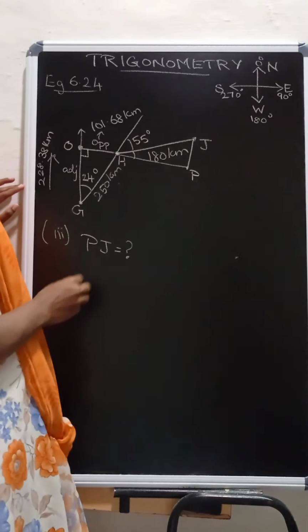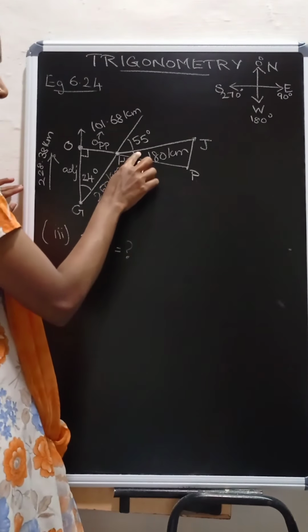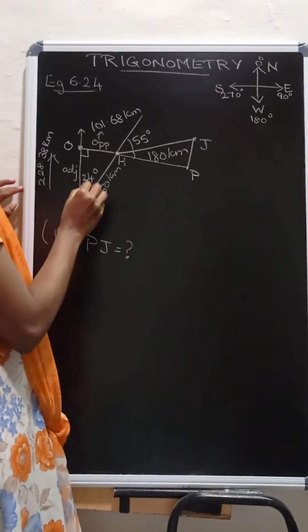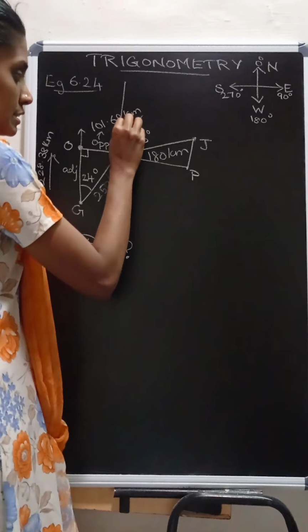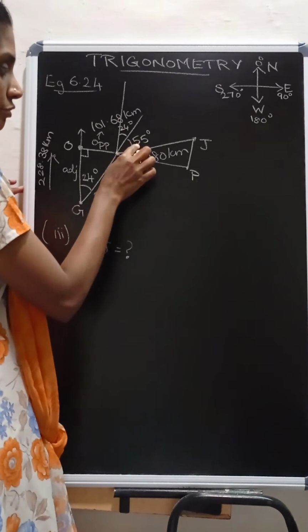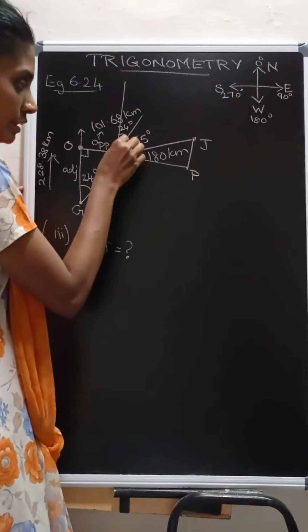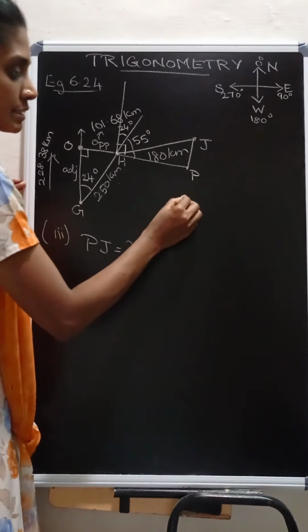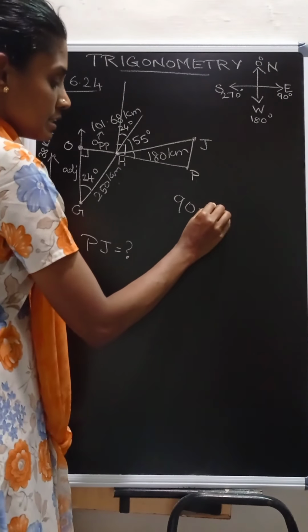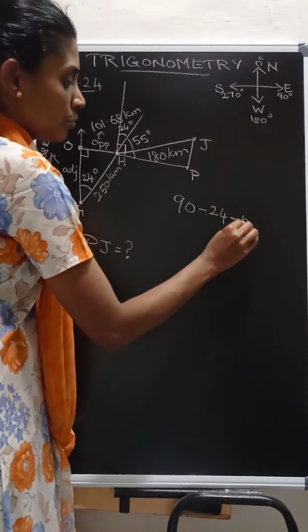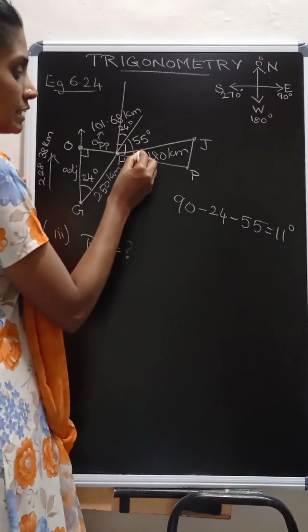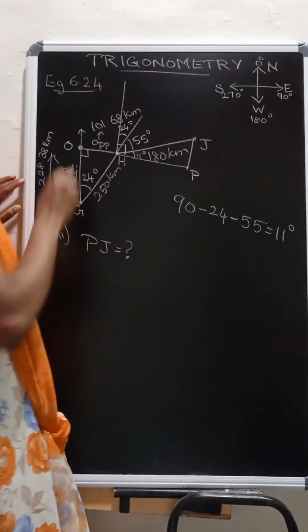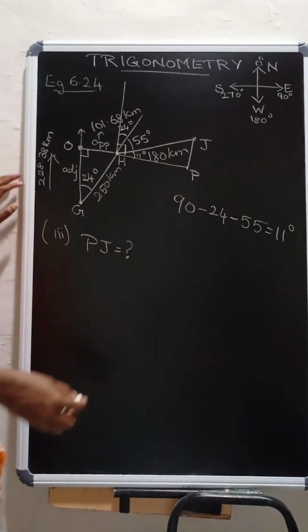Now we need this angle. Here you have 24, so this angle is 24 degrees. Here you have 55. And the whole thing is 90 degrees. So 90 minus 24 minus 55 is equal to 11 degrees. So you will get 11 degrees here.